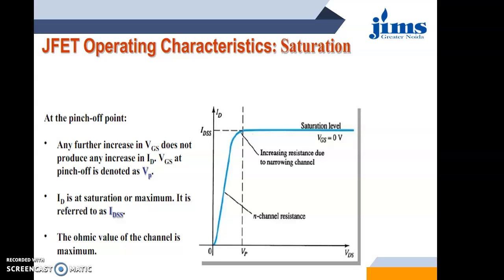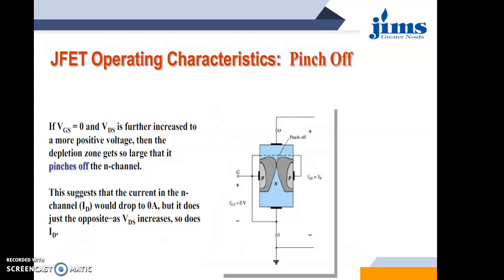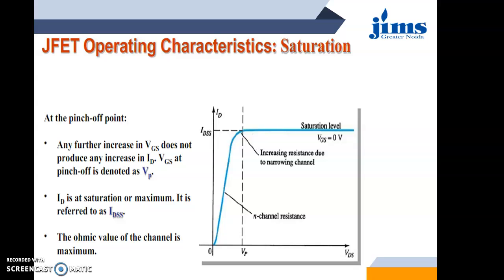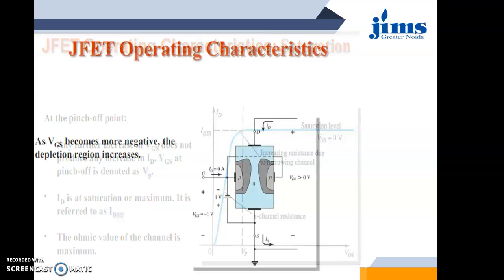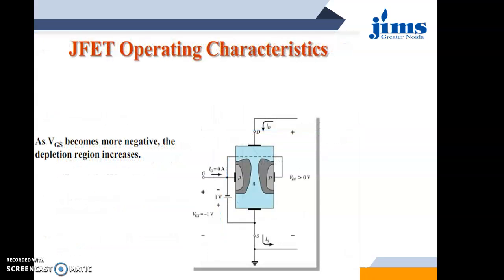Now, if the drain voltage is increased further, the current does not increase, as we mentioned previously, because the two depletion layers almost touch each other, and the drain current does not flow further. We get a saturated value of drain current. It remains saturated. And when VGS becomes more negative, the depletion layer increases.